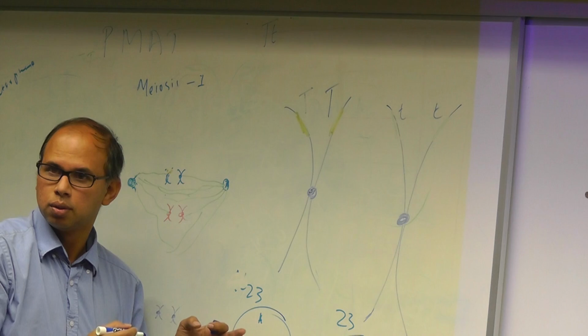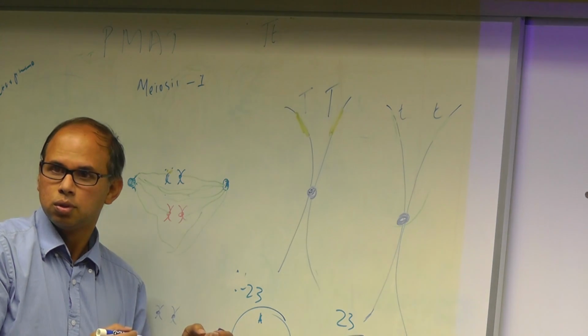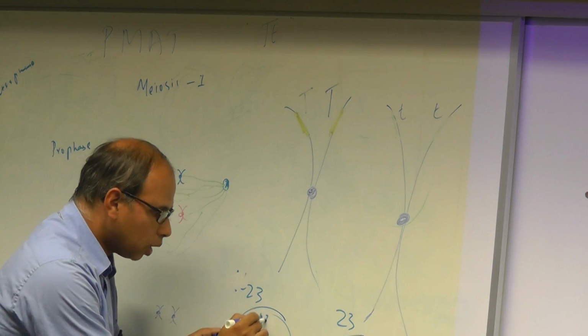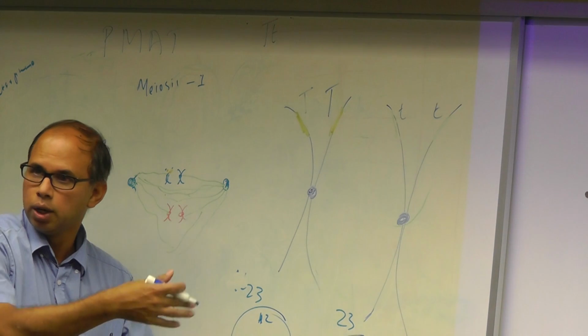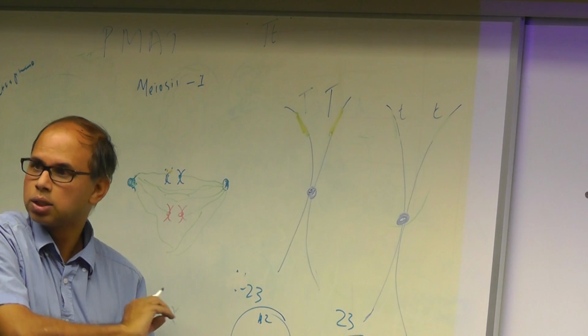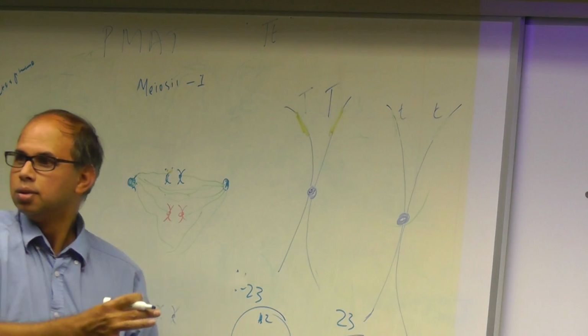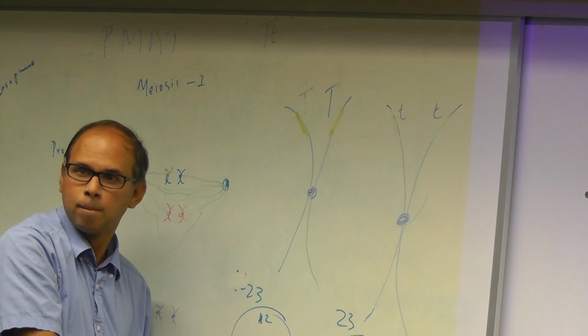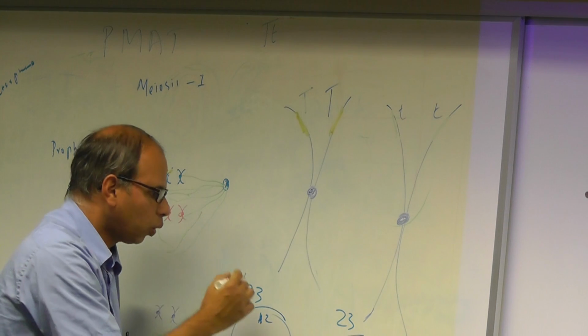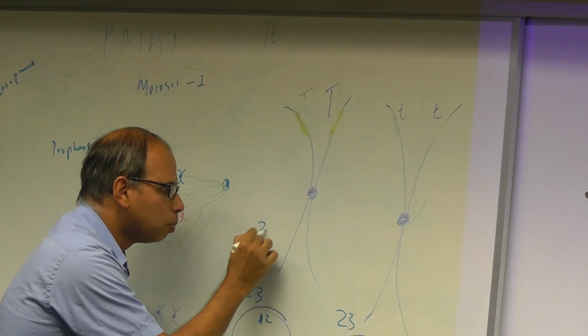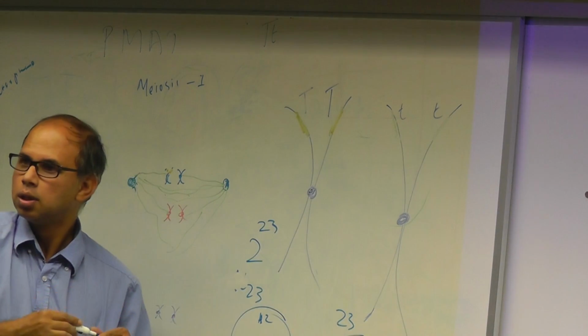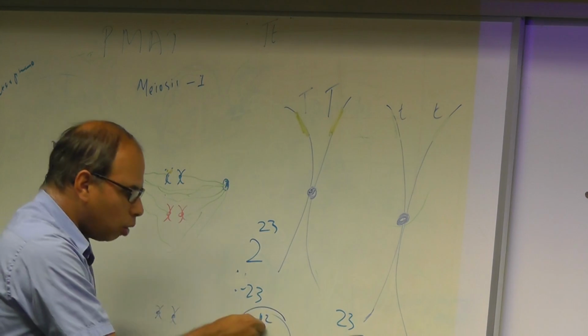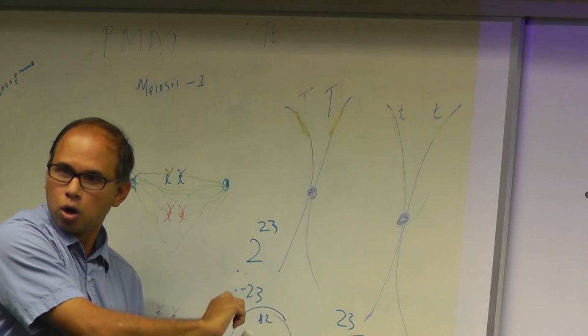How many? 46? No, wait. For every chromosome, there are two ways by which it can go, right? Either one can go in this direction, the other can go. So how many different combinations can you get? Just think about it. It's going to be 2 to the power 23, because you can get either one copy here or the other copy here, right?